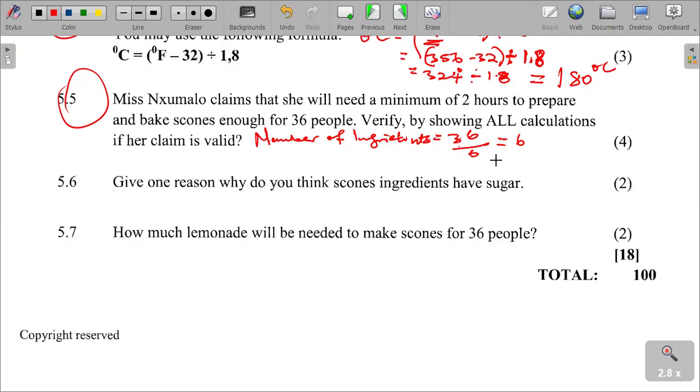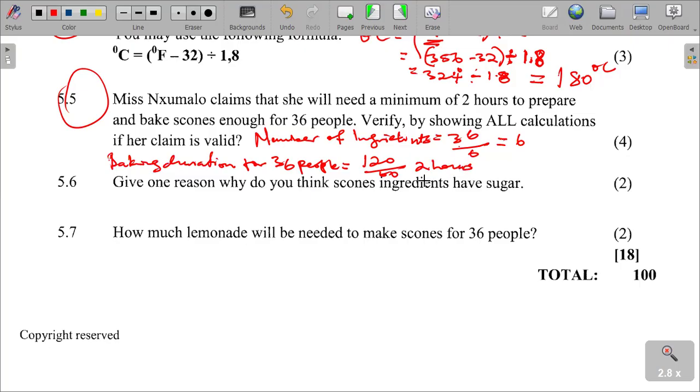Baking duration for 36 people is equal to 120 divided by 60. 120 over 60, and then we get 2 hours.